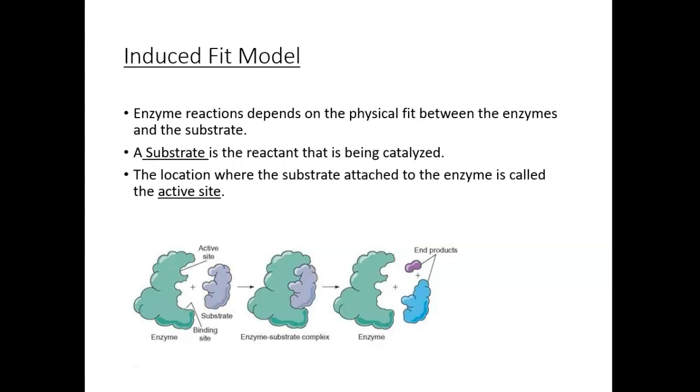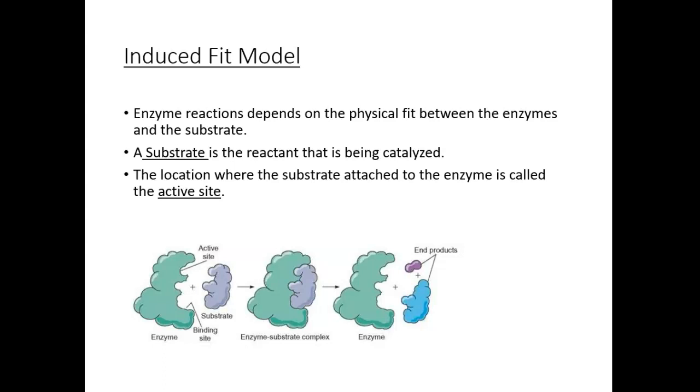We call this model the induced fit model. Enzyme reactions depend on the physical fit between the enzymes and the substrate. Certain enzymes and certain substrates fit together nicely while others don't. A substrate is a reactant that is going to be catalyzed.